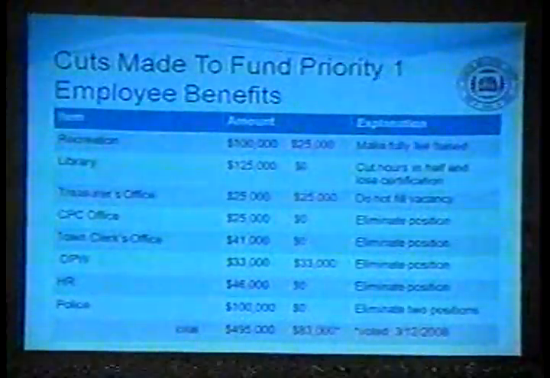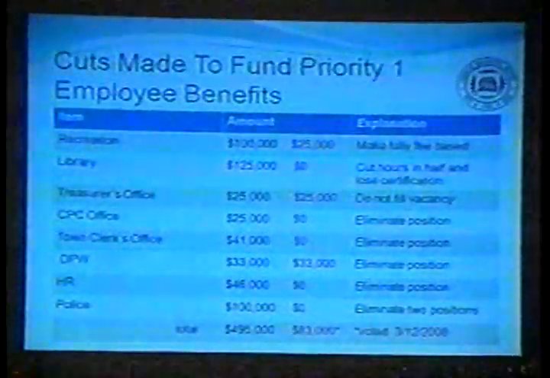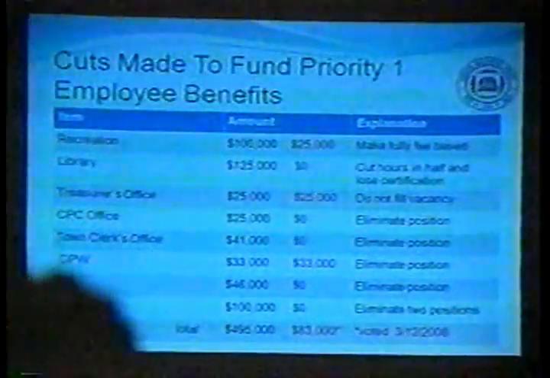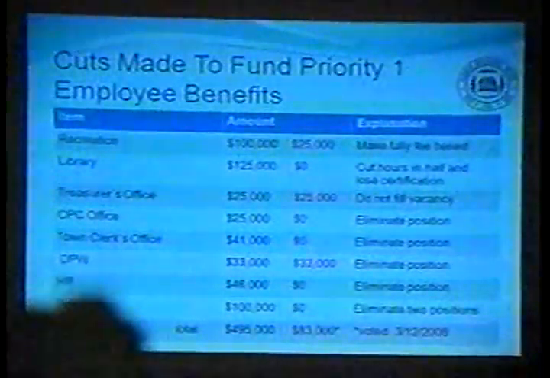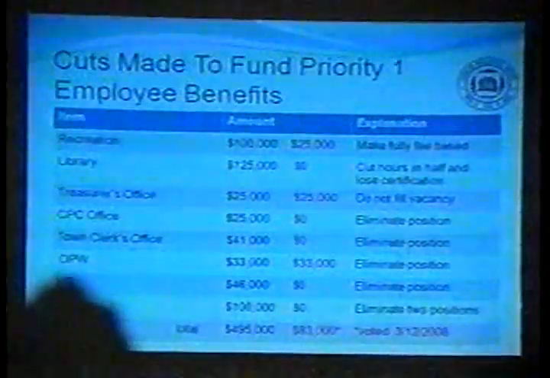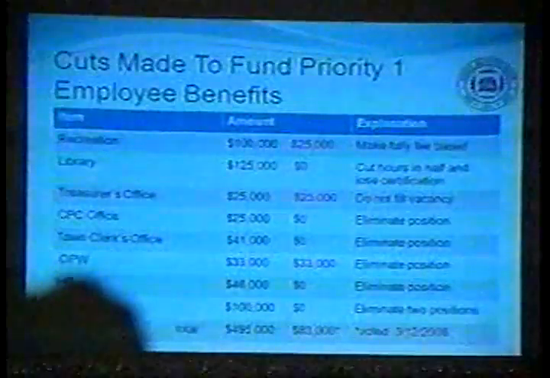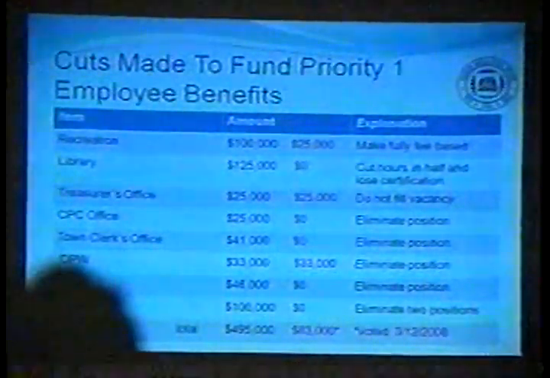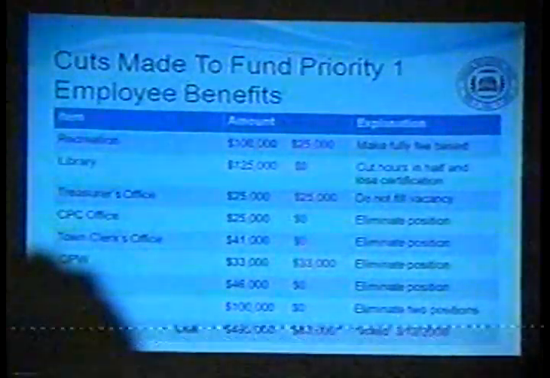We took a position in the treasurer's office, which is vacant currently, hadn't been filled yet, and due to a promotion of one of the women in the collections office to become our collector, treasurer. And then we took $33,000 from a DPW position that currently was vacant, and that yielded the $83,000 that we needed to get to a balanced budget that covered phase one.